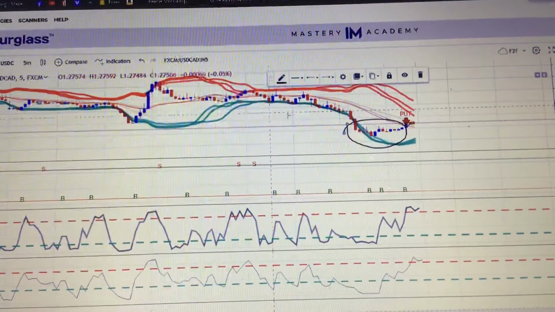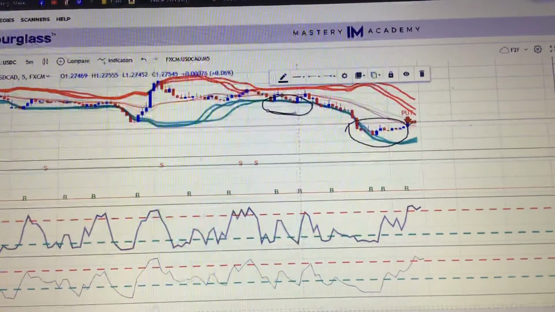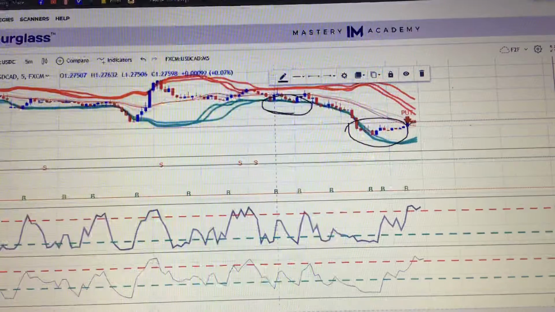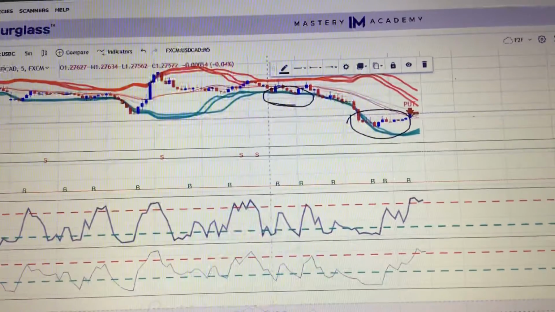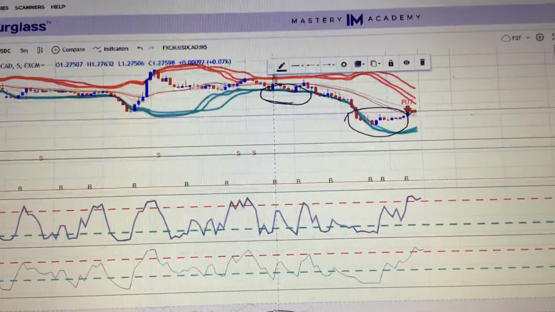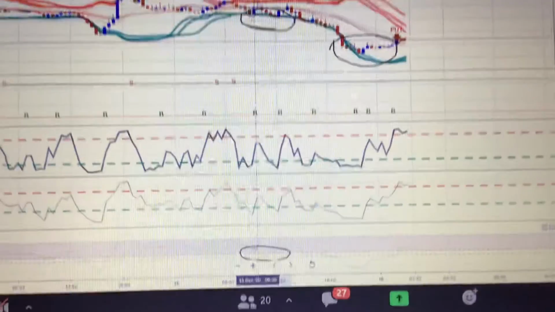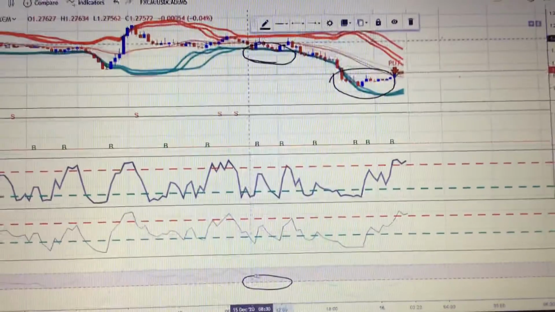Right here, these are clear reversals. Why is that? Because it respected the 40. If I see this RSI line go below the 40, then it's not going to do a clear reversal when it hits the bottom of the Bollinger Band right there.